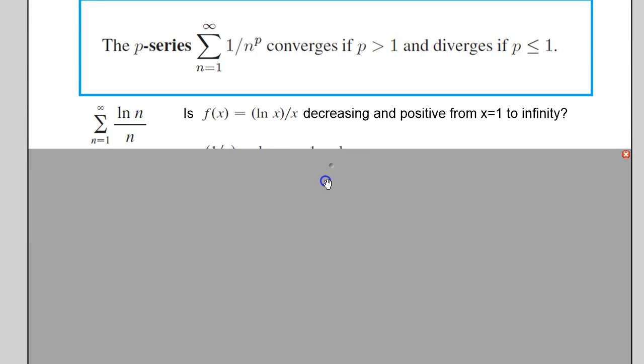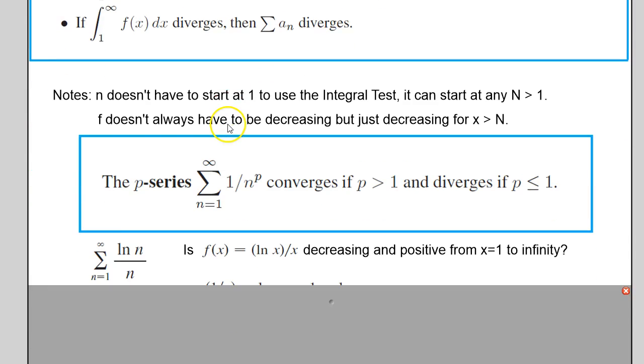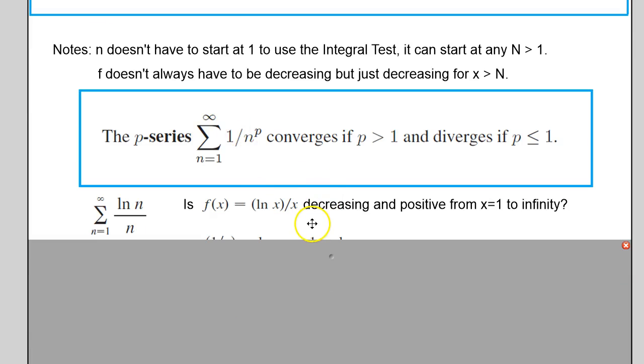So let's look at our last example. The sequence natural log of n over n, is that converging? Is that partial sum sequence converging? Well, before we can use the integral test, we have to determine whether or not this is a continuous function, whether it's a decreasing function, and whether it's always positive.